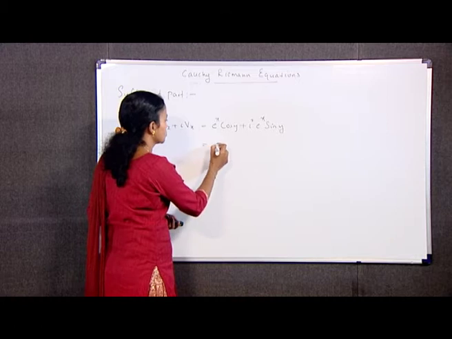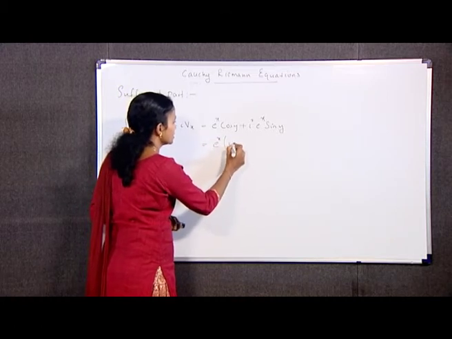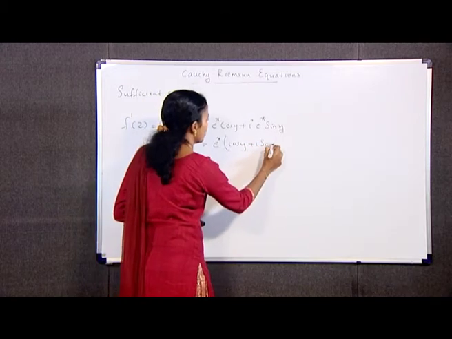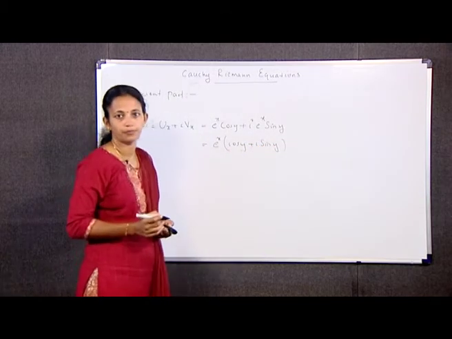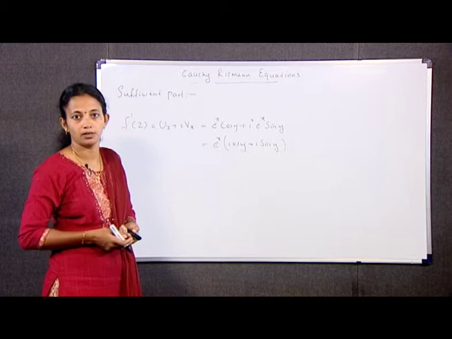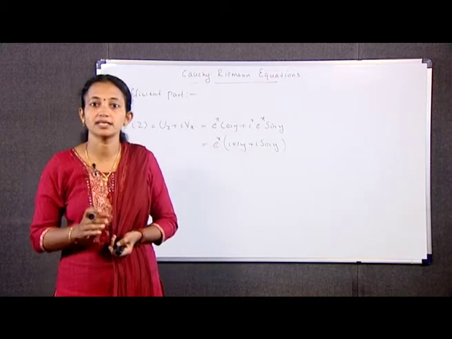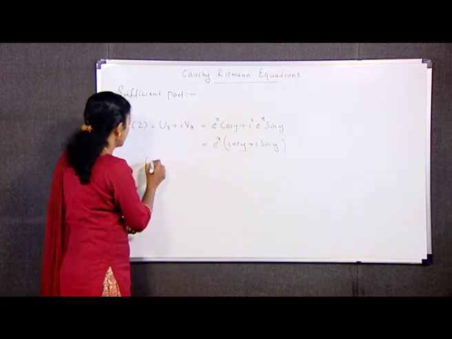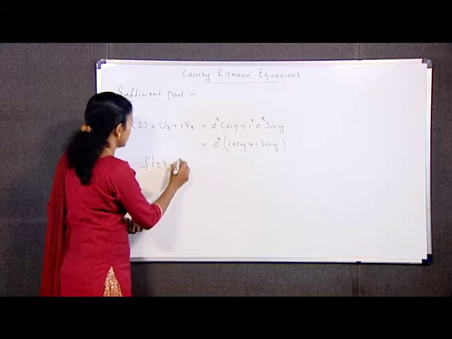We can take e raised to x outside, that is e raised to x into cos y plus i sin y. In this example, we note that f dash z is equal to f z. Here we have f dash z is equal to f z itself.